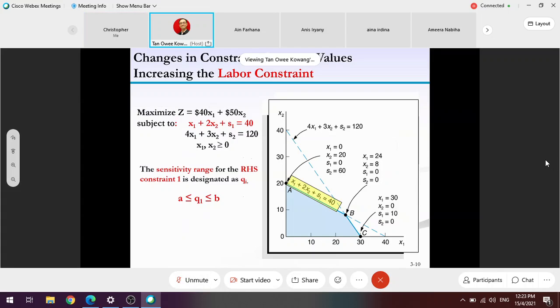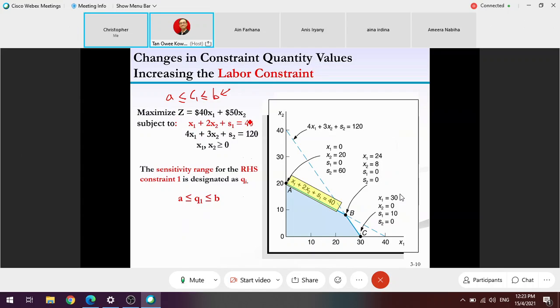So the next question is, in objective functions, we identify the objective function sensitivity. How do we identify A and B? We identify A and B based on the gradient, am I right? My next question is, if the right-hand side value changes, what is the impact on the constraint line?